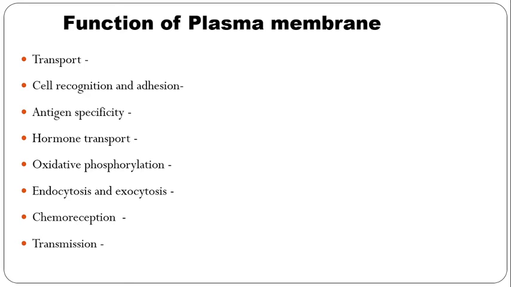This chain consists of a series of components which can transfer electrons, and the electrons from substrates pass down the chain, resulting in reduction and oxidation of each component.